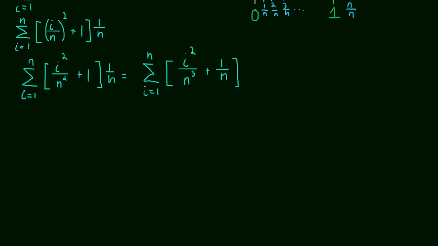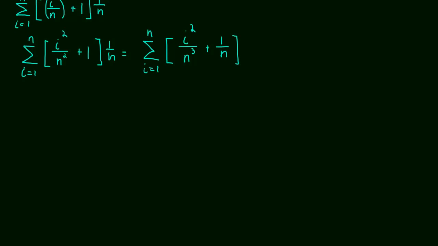Okay, and now let's break that up into two sums. So again, this is just the algebra of sums that we're doing. And this part is really the easy part. We already figured out the right formulas and everything, so now we're just doing a little bit of algebra here. So this is the sum of i squared over n cubed plus the sum as i goes from 1 to n of 1 over n.